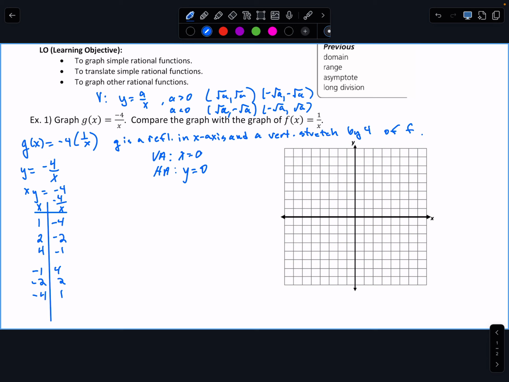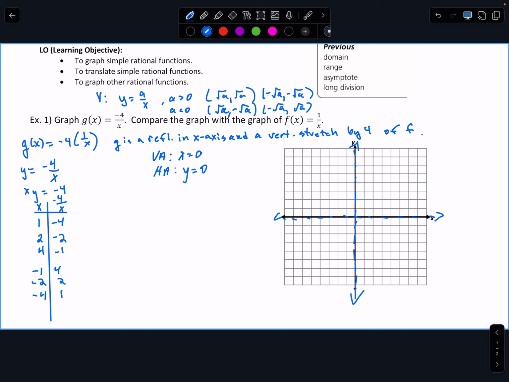And so I can put those in. And so I've got those graphed.